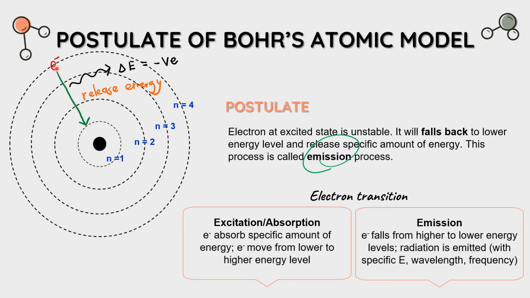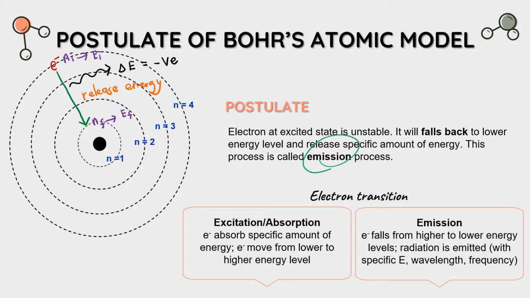So we can label this high or excited state as Ni, the initial for emission. And since this electron is moving to a low energy level here, this low energy level can be labeled as Nf. So from the Ni, you will be able to find its energy Ei, which is the initial energy value. And from this Nf, you can also find its final energy.